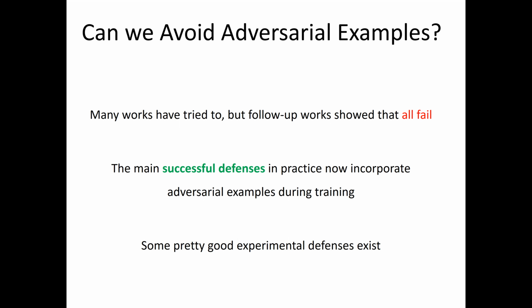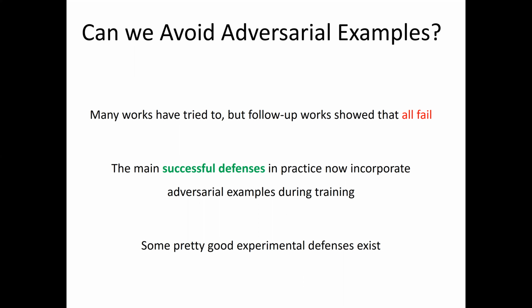Many works have tried to come up with different adversarial defenses. Typically what happens is somebody comes up with an adversarial defense, and then shortly after somebody also comes up with an adversarial attack that breaks the defense.